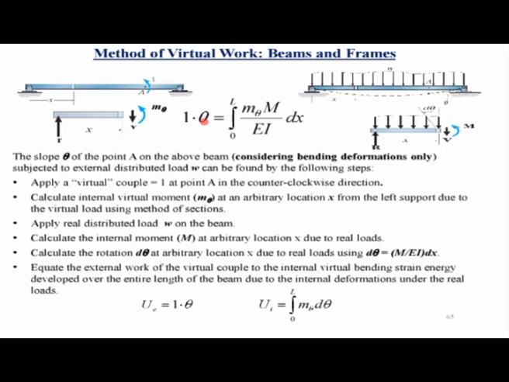So here the formula would be 1 times theta equals the integral of m theta times M over EI dx, where m theta is the virtual moment at the section due to the unit virtual moment applied at the point where the rotation has to be calculated. Now, if you want to calculate the deflection or rotation of a beam using the virtual work method, you notice that there is an integration of two functions which are basically functions of x.